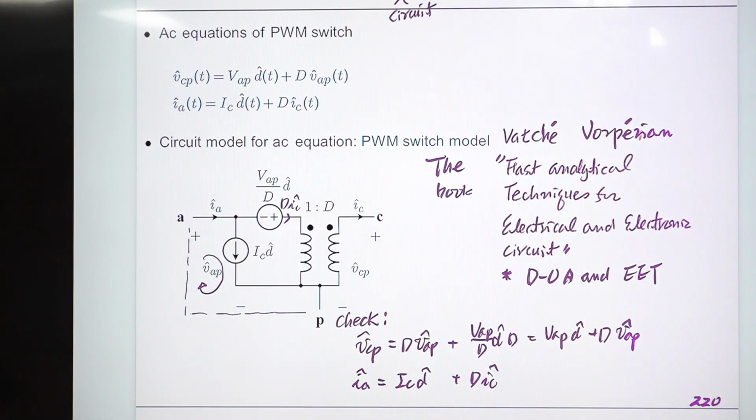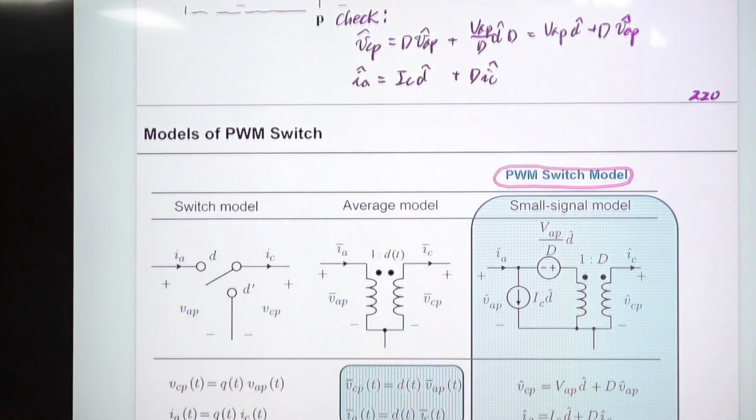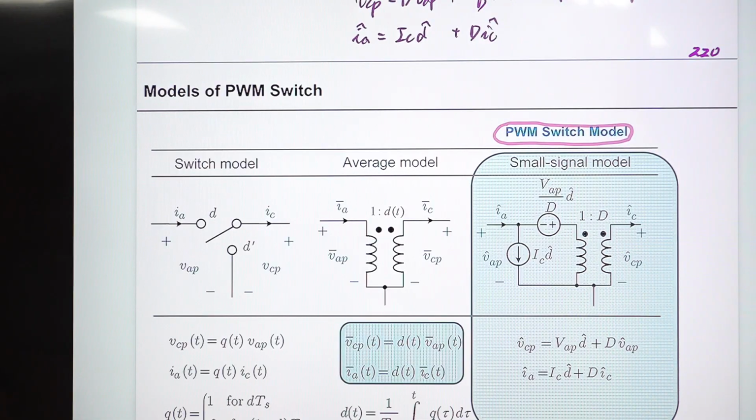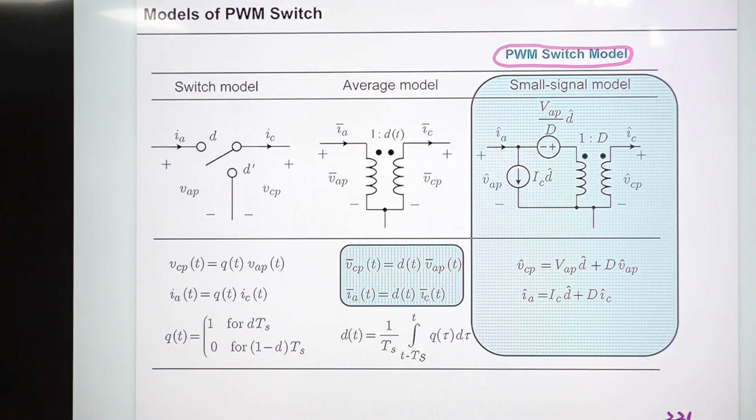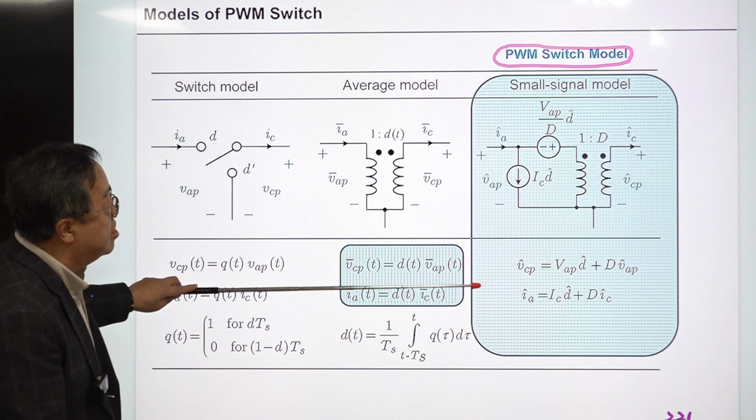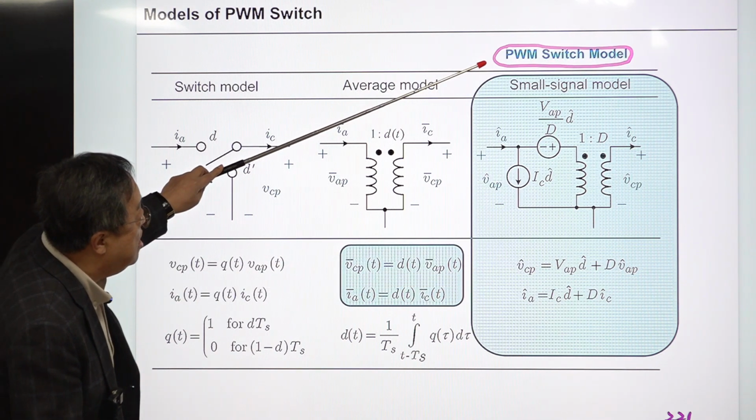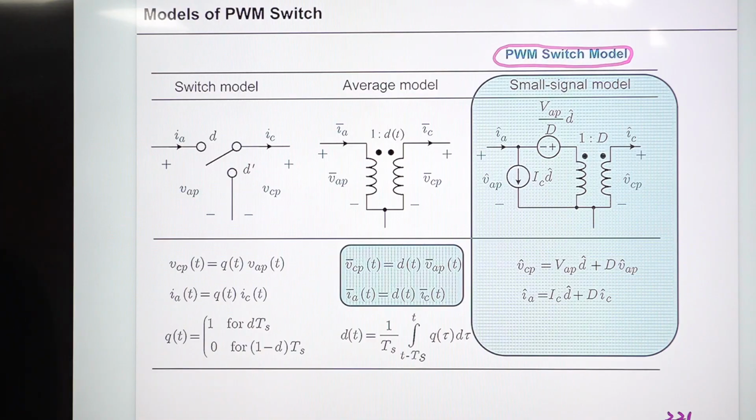And the beauty of this is that the real value of this PWM switch will be shown in the next slide, okay? So this is a summary. I showed at the beginning of this lecture a glimpse of our goal: we reached this equation, which is linearized to yield this PWM switch model, okay?